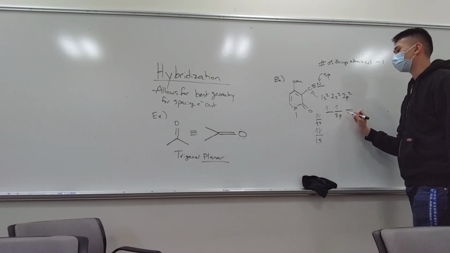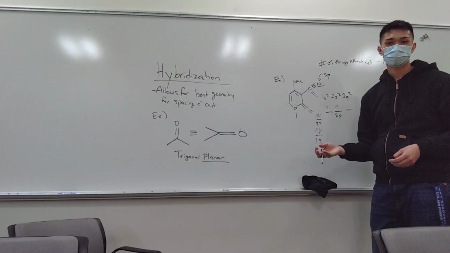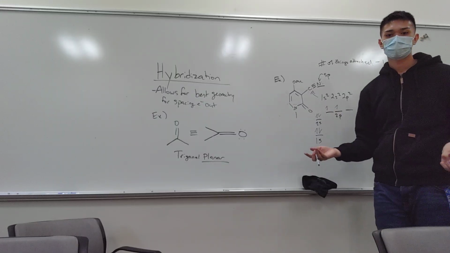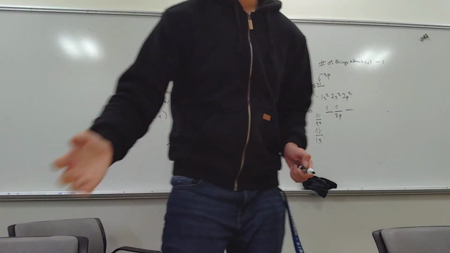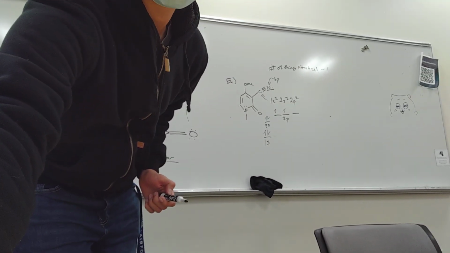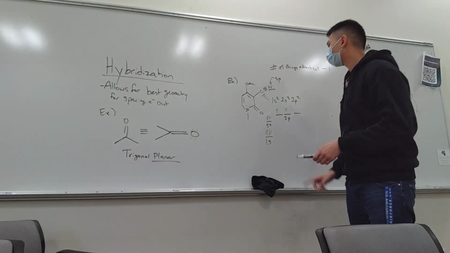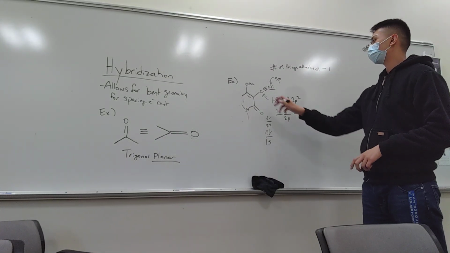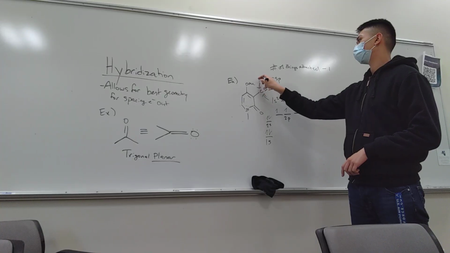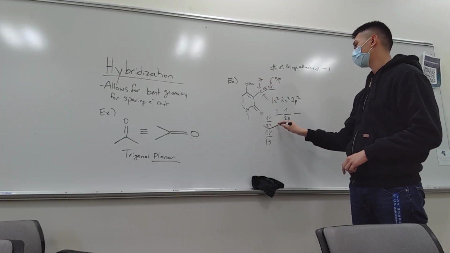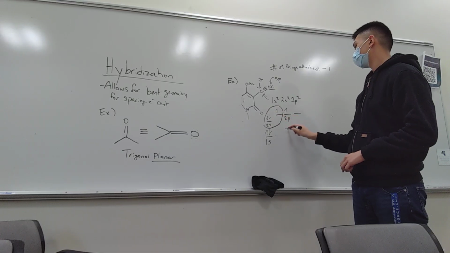I want to space out my electrons because, once again, electrons don't really like to be near other electrons. So that's why I space them out. It's like having a roommate. Why share a room with a roommate if you don't need to, right? And so, since I'm expecting this carbon to be sp, that just means that I'm going to combine my 2s orbital with one of my 2p orbitals to hybridize.